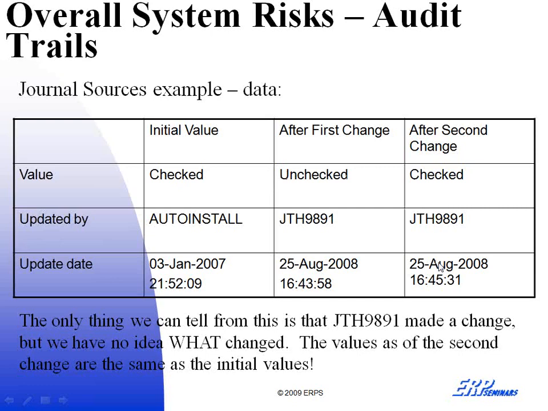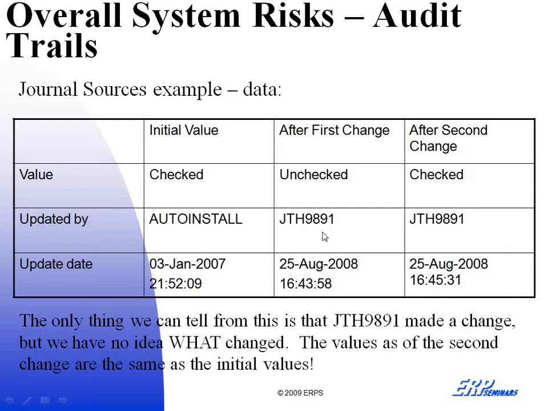What would make an auditor suspicious, or should make an auditor question what's going on in the system, is the fact that there was an update to this record. If this update showed within the audit period, they'd ask the question, well, what update happened to this record? Because there clearly was an update the system recorded.